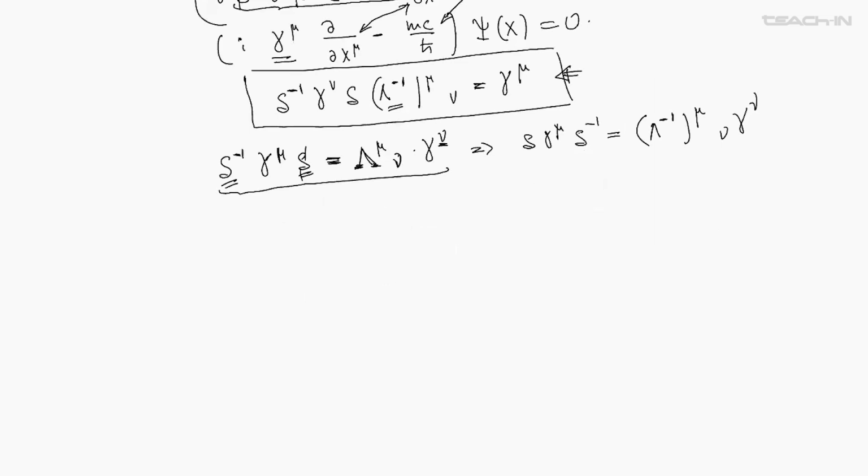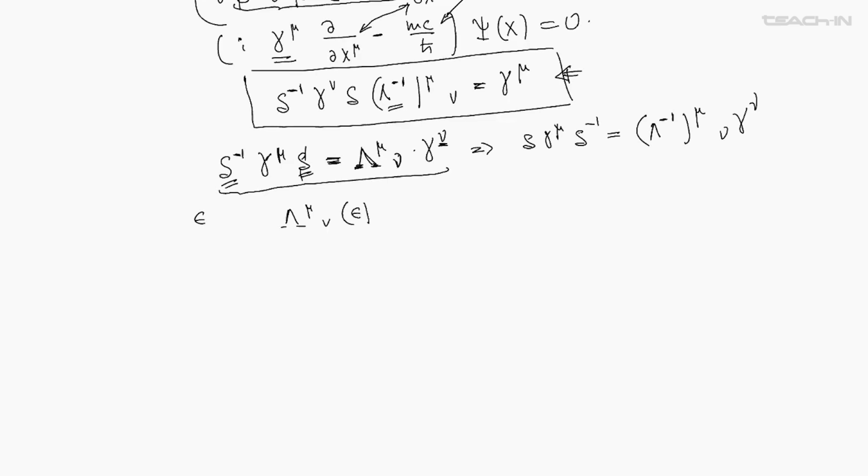Now, to do this, it's very convenient to come to the infinitesimal form of this equation, by assuming that our Lorentz transformation is close to identity. In other words, there exists a small parameter, let's call it epsilon, and so Λ^μ_ν we consider as a function of epsilon, and then we expand it in powers of epsilon.